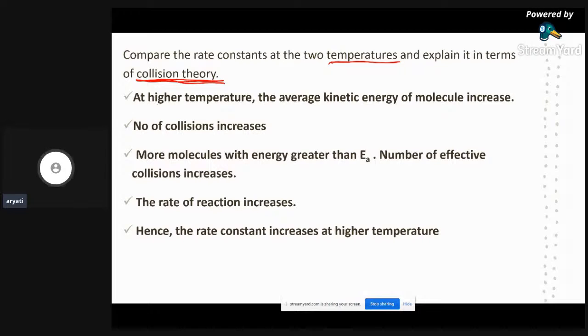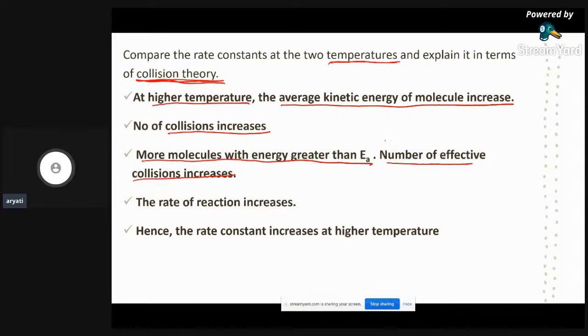So as we know that at the higher temperature, the average kinetic energy of a molecule will increase. So the number of collision will increase. So at the higher temperature, more molecule will gain energy greater than activation energy. So number of effective collision will also increase.